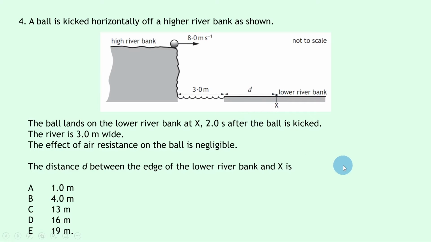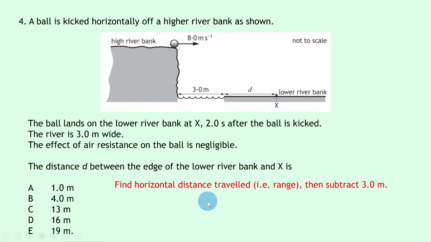So the strategy we're going to use is to first find the horizontal distance travelled, i.e. the range, which is this full distance here, and then subtract the 3 meters for it to get what D is. And because we've got the horizontal speed and we've got the time of flight, which remember the time of flight is the same for both horizontal motion and vertical motion, that means we can use the equation for horizontal motion here, which is speed distance time.